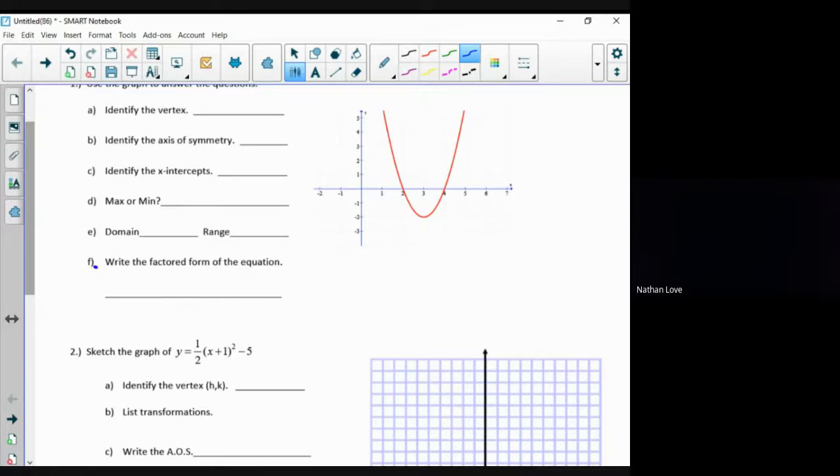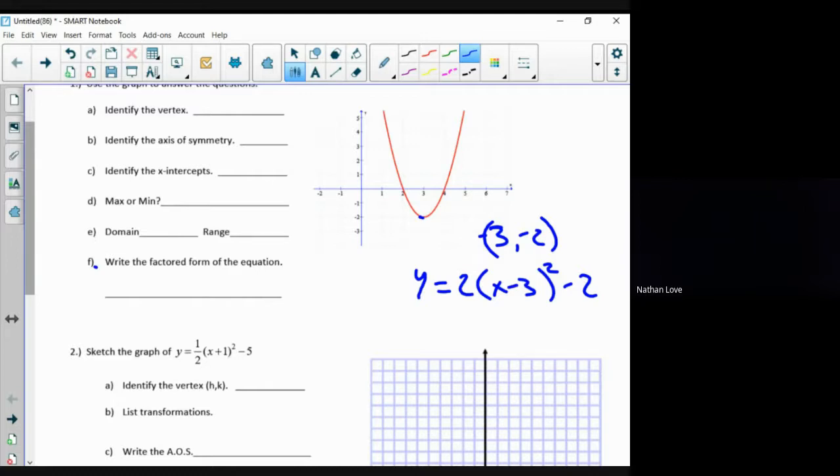You could find the vertex, which in this case would be positive 3, negative 2. And you could write your vertex form and go y is equal to x minus 3 squared minus 2. And then know there's a vertical stretch of 2 on it. And you could go ahead and convert that and expand it into standard form.